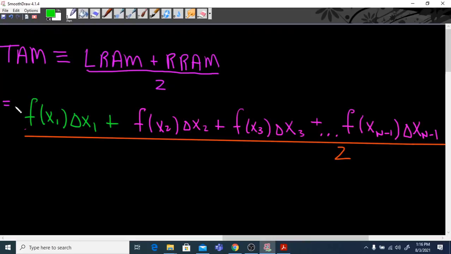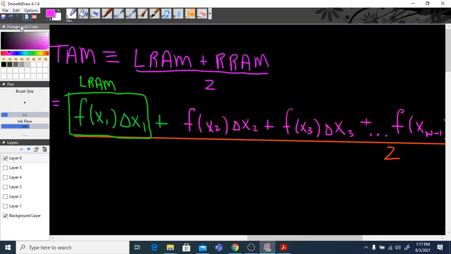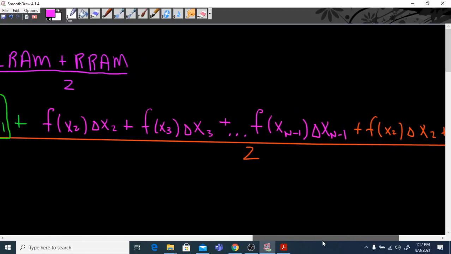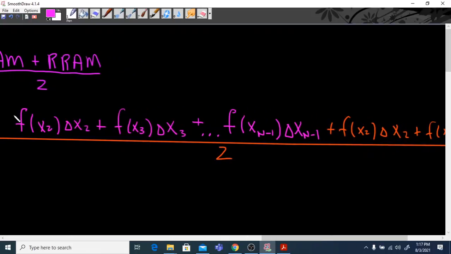F of x sub 1, delta x sub 1, this is unique to the left rectangle approximation method, okay? Now, all the middle terms repeat themselves because look, f of x2 delta x2 is part of the left rectangle, but that's also where the right rectangle starts.